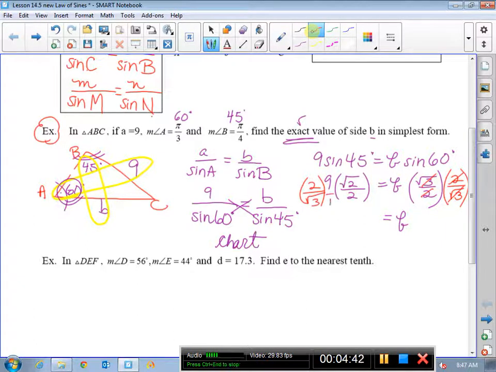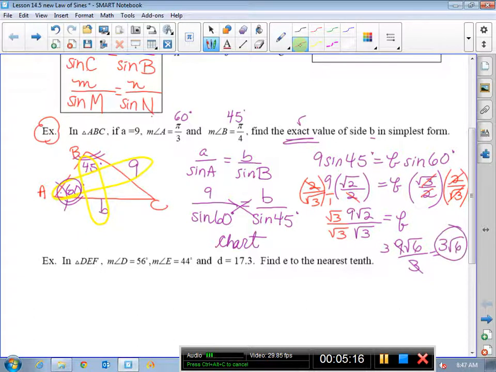So before I multiply, I can reduce a top and a bottom. And I have 9 times radical 2 all over radical 3, which now I will rationalize. Gets a few more steps here. This then gives us 9 radical 6 on top over 3 in the denominator, and 3 goes into 9 3 times. So 3 radical 6 is that answer.